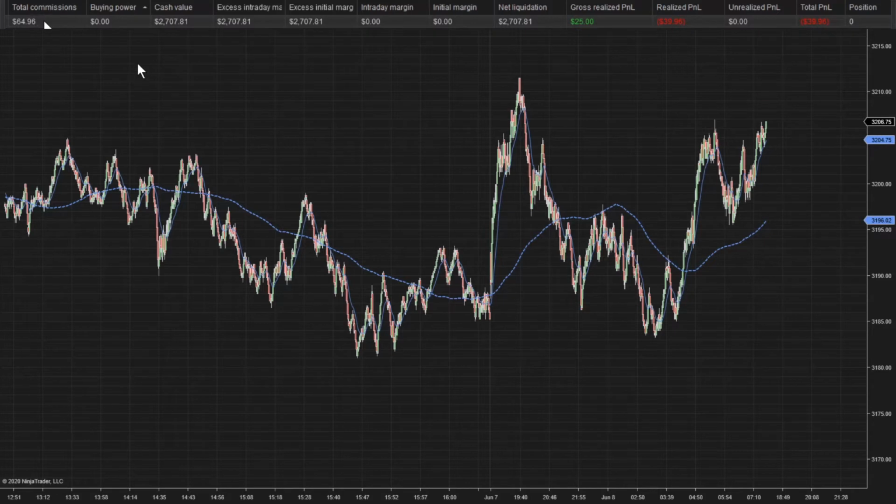To make it correct, you have to change the commissions in Tools, and then go to Commissions. Ninja Trader updated their commissions to basically 92 cents round turn for MES, and I don't think it's updated yet in the application, so you have to manually update it to get the most accurate results.